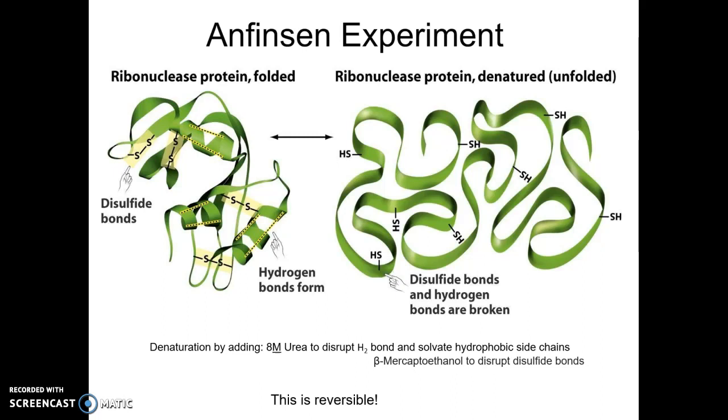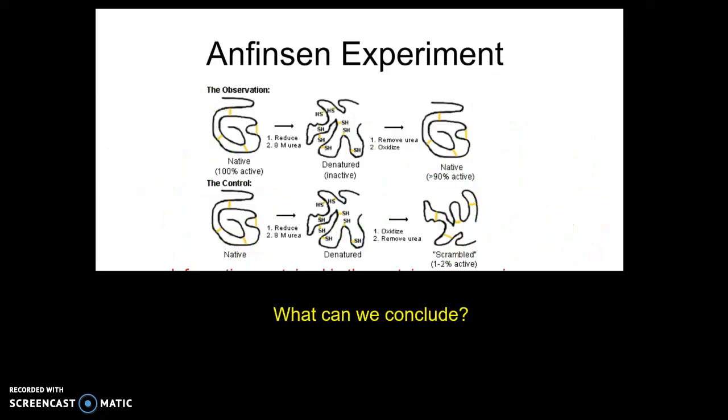So beta mercaptoethanol was able to break all of them, so that's going to create a very reducing environment, and so it broke all of the disulfide bonds, and then the 8 molar urea broke all of the hydrogen bonds in the protein, and so he was able to take away all of the secondary and tertiary structure, and then he reversed it by adding an oxidizer and removing the urea.